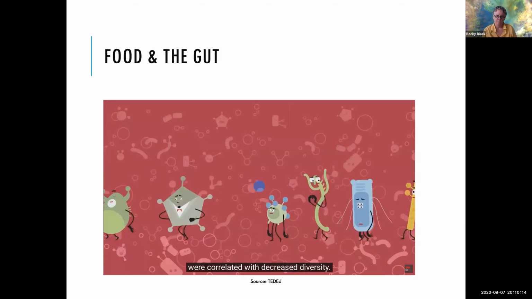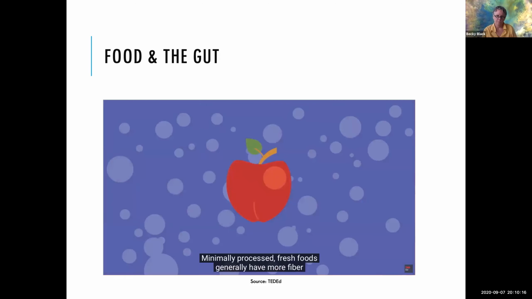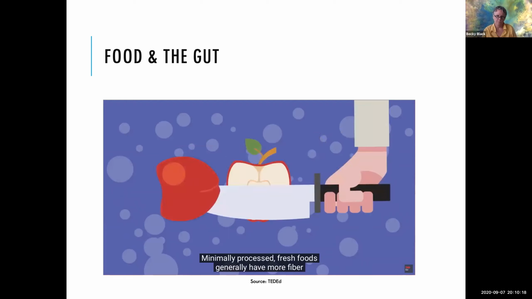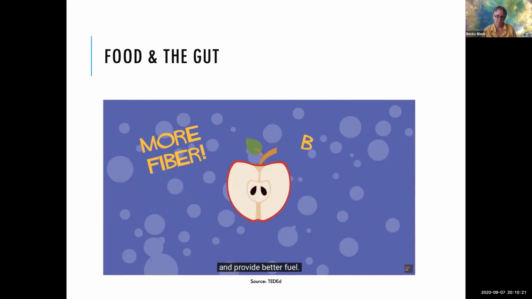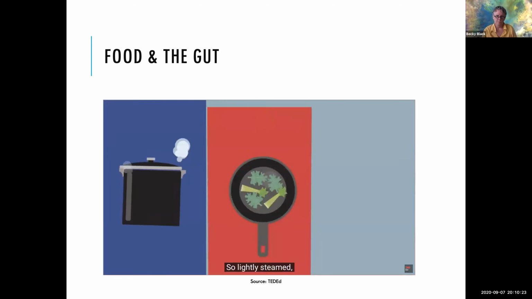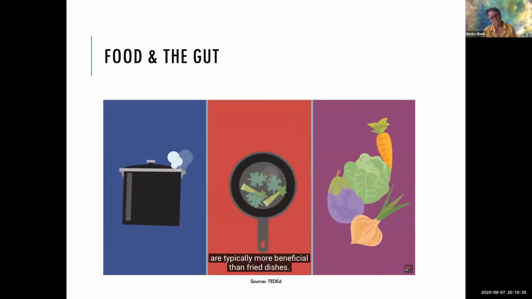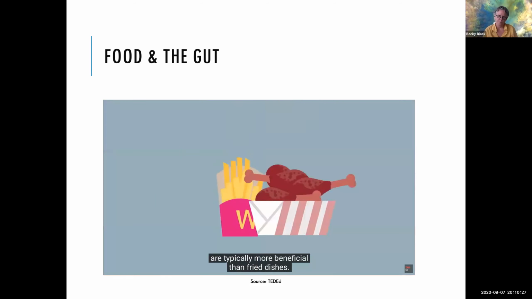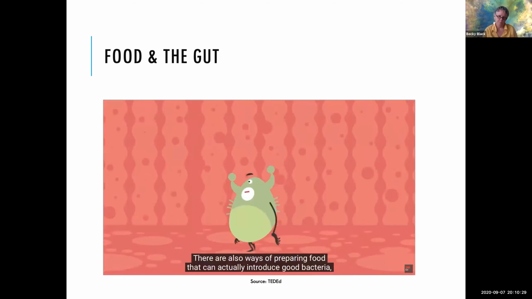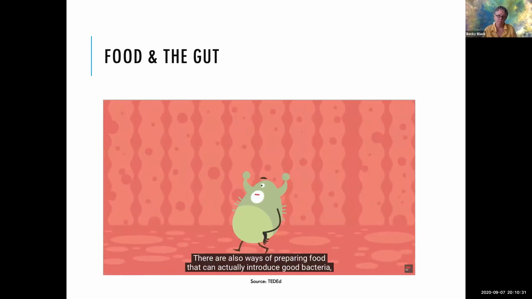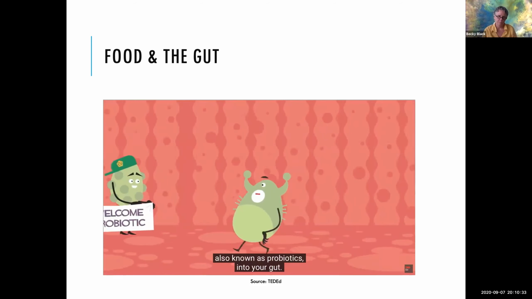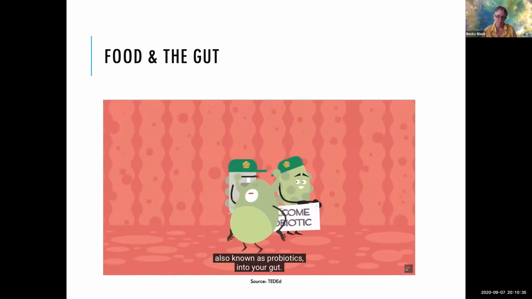How food is prepared also matters. Minimally processed, fresh foods generally have more fiber and provide better fuel. So lightly steamed, sautéed, or raw vegetables are typically more beneficial than fried dishes. There are also ways of preparing food that can actually introduce good bacteria, also known as probiotics, into your gut.